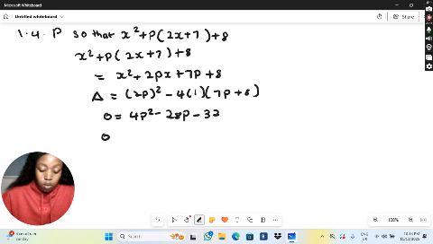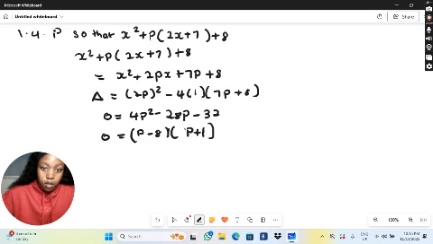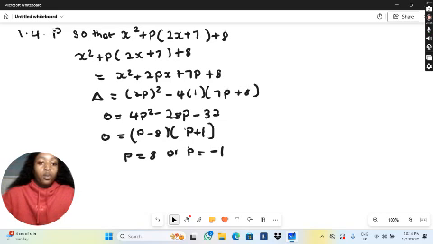So 0 is equal to, we have p, right? Therefore p equals 8 or p is equal to negative 1. We are done with 1.4.